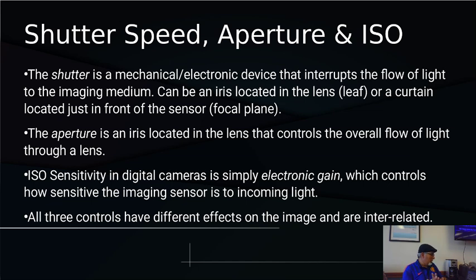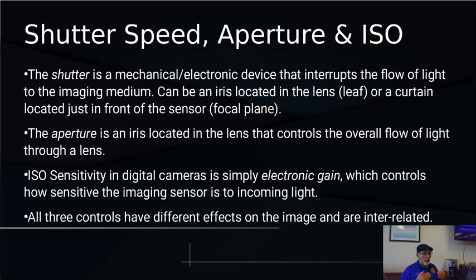All right? So the shutter is a mechanical/electronic device that interrupts the flow of light. It literally cuts the light off from the sensor. Okay? It can be located inside the lens. These are called leaf shutters and are shaped like an iris.